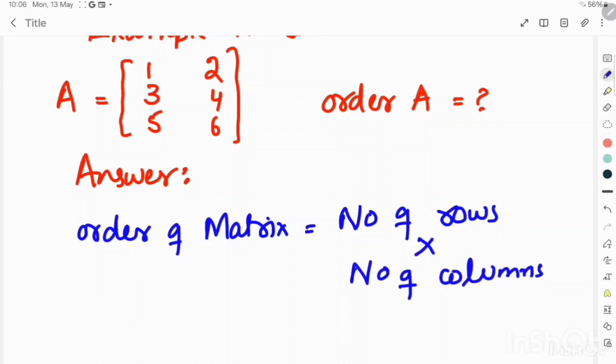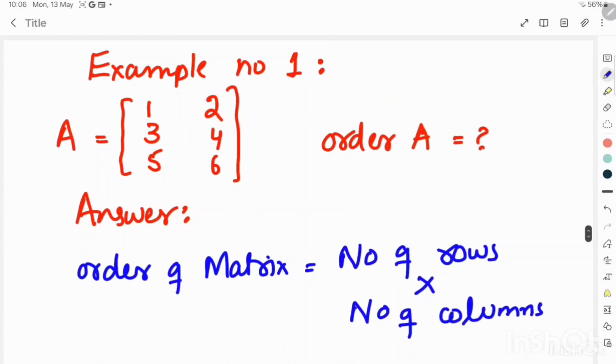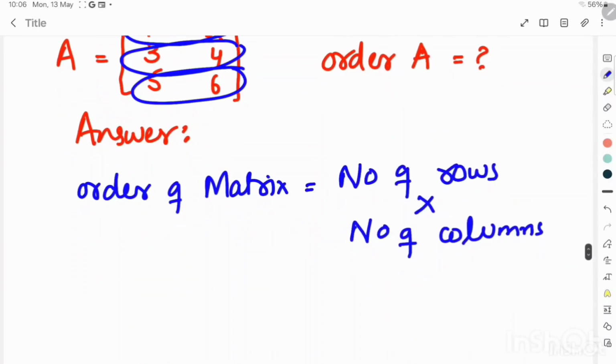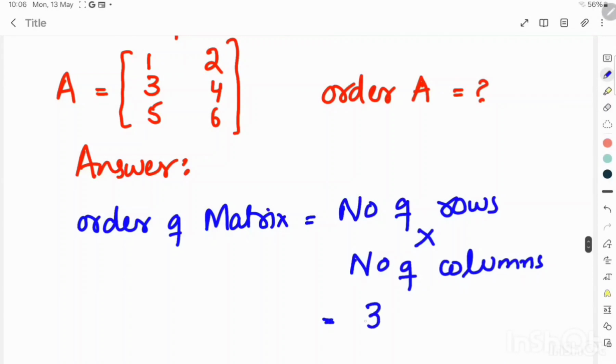Okay student. Now, in this given matrix, first I will check the number of rows and then the number of columns. As you know, rows go from left to right. You can see that in this matrix there are 1, 2, 3 rows. So I will write number of rows is equal to 3. Then I will check the number of columns.